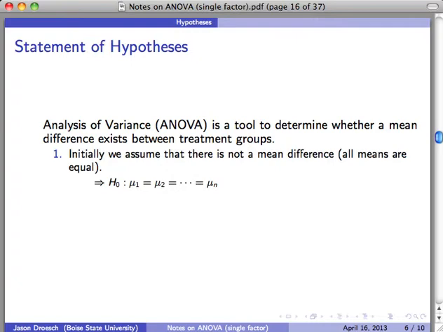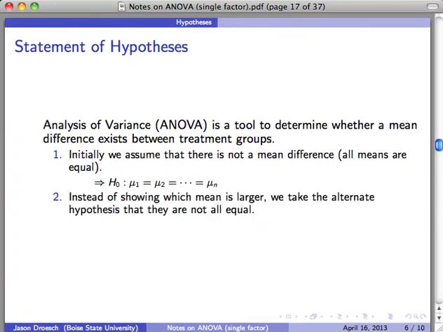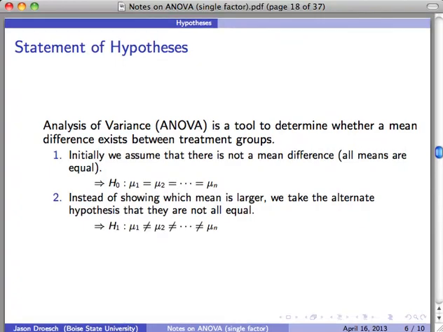Instead of picking a specific alternative hypothesis, we're not saying, oh, mean 1 is bigger than mean 2, for example. That would be a t-test. What we're saying is, if they're all equal, that's one idea, or what about not all equal? So we're not going to peg down a particular alternate hypothesis.